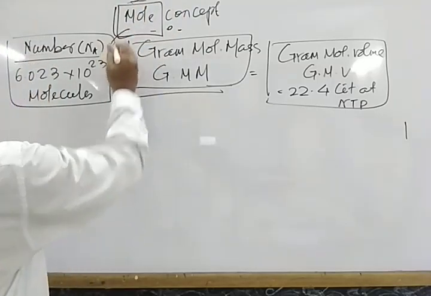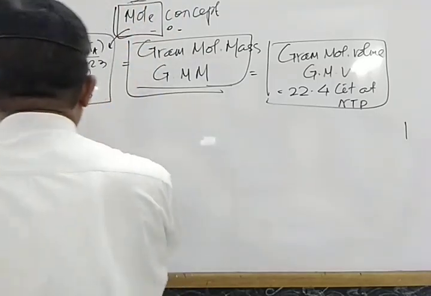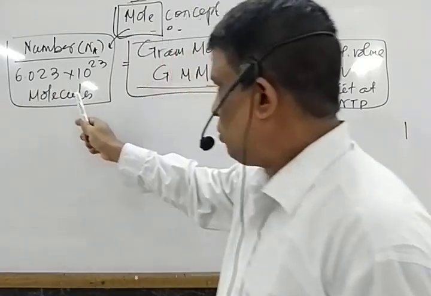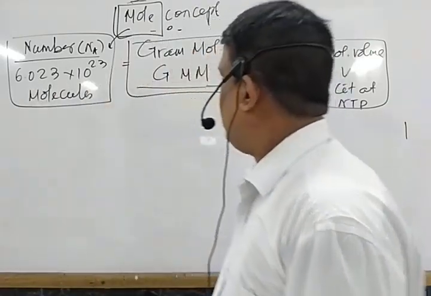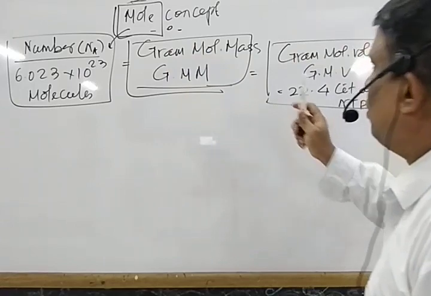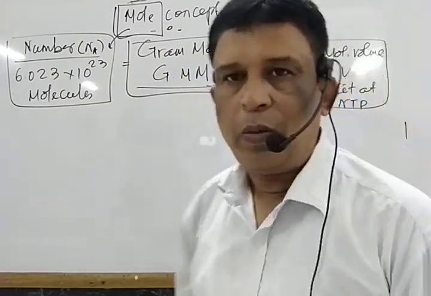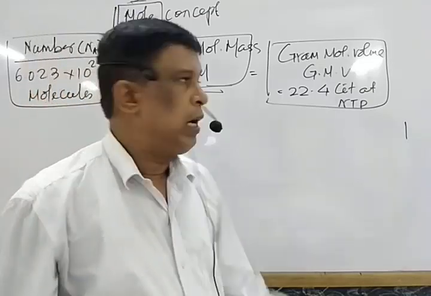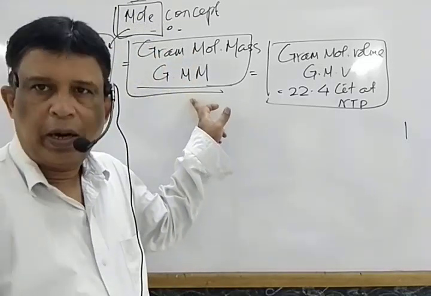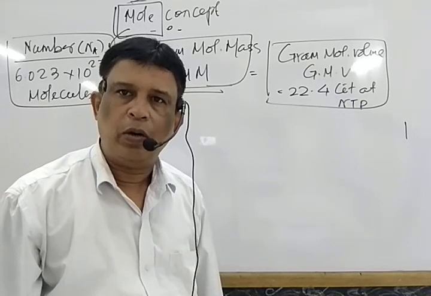So 1 mole of molecules means it contains 6.023 into 10 to the power 23 number of molecules. 1 mole of any substance at NTP possesses the volume of 22.4 liter, and the gram molecular mass depends upon the formula of the molecule.